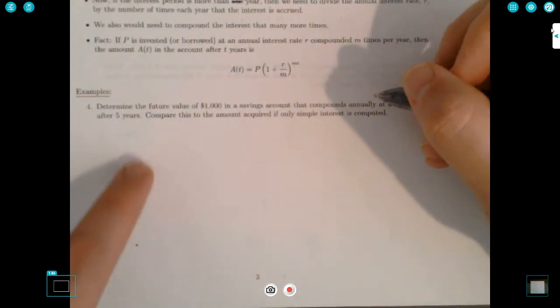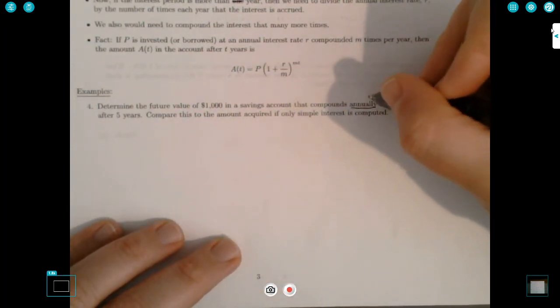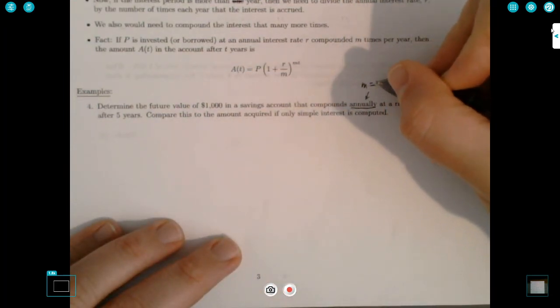So let's walk through some examples here. Example 4 says, determine the future value of $1,000 in a savings account that compounds annually at a rate of 8% after 5 years. Compare this to the amount acquired if only simple interest is computed. Since the amount is compounded annually, this means that M equals 1.